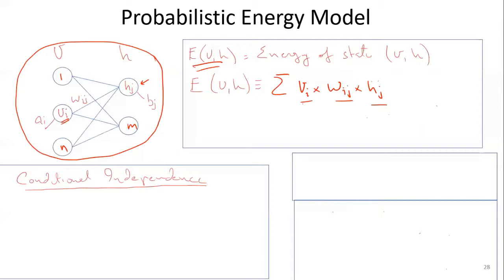Well, we clearly want to sum over all possible i's, i from 1 till N. And we also want to do a summation over all possible j's as well, j equal to 1 till M.